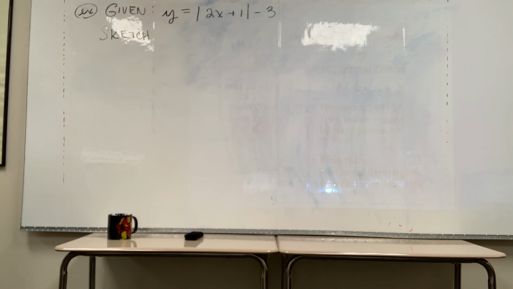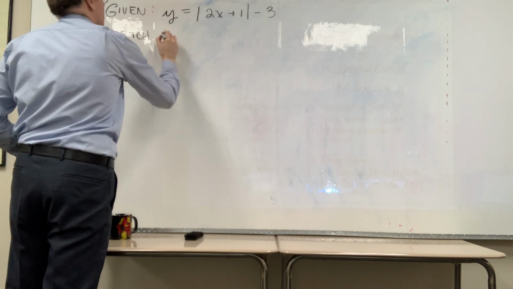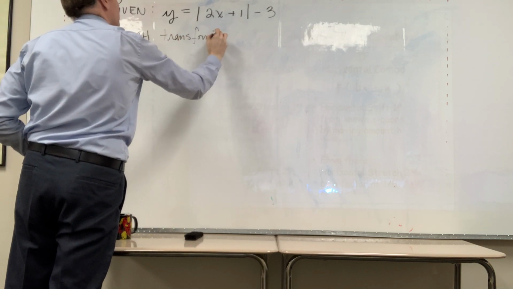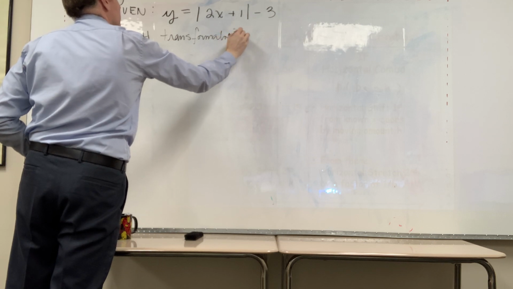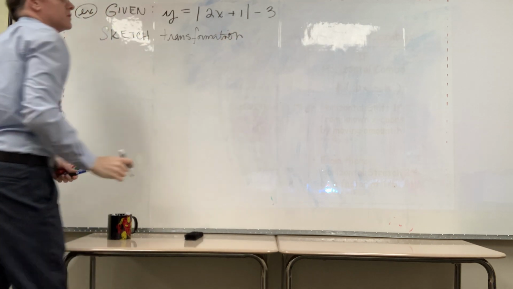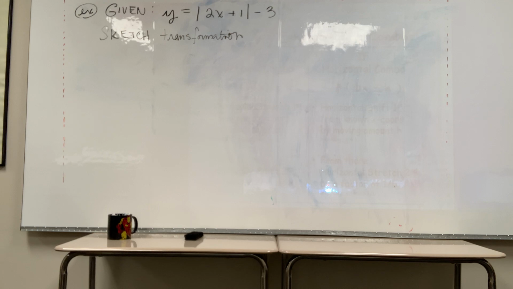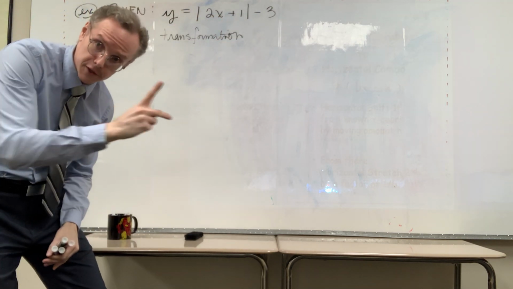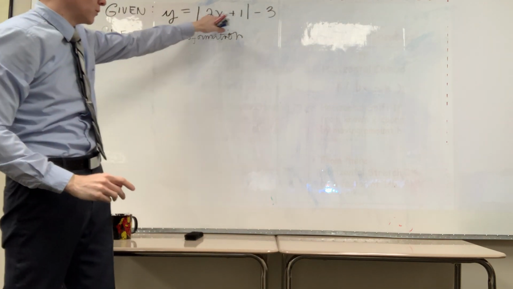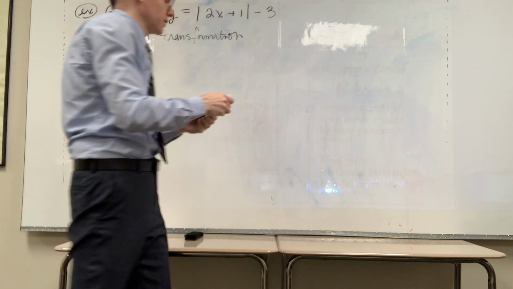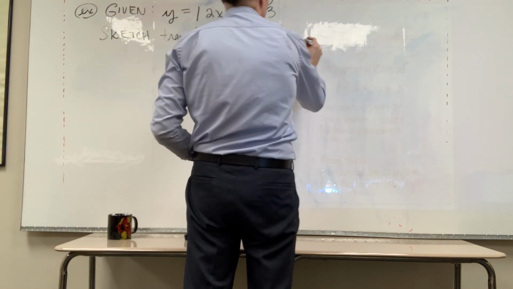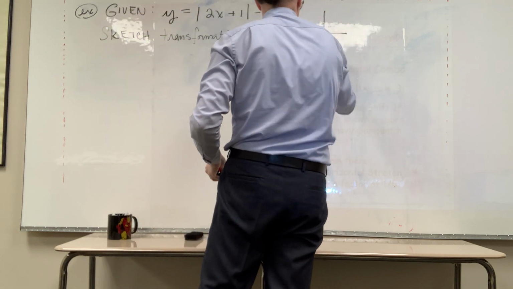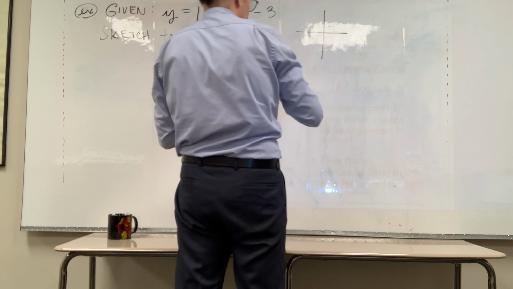Couple of things. We already know that this is a V shape, right? Because it's another one of those absolute values. So if you want, do yourself a favor and maybe just draw a little simple picture of what it would be.